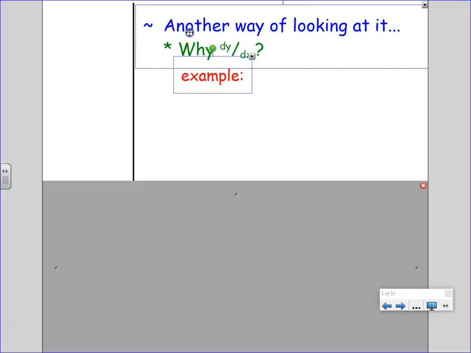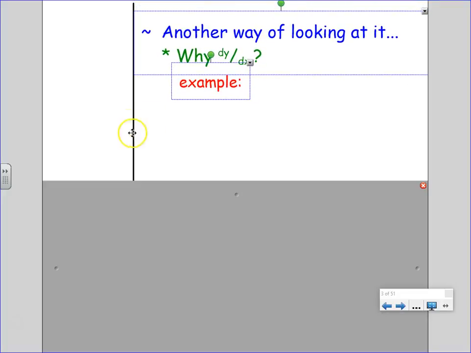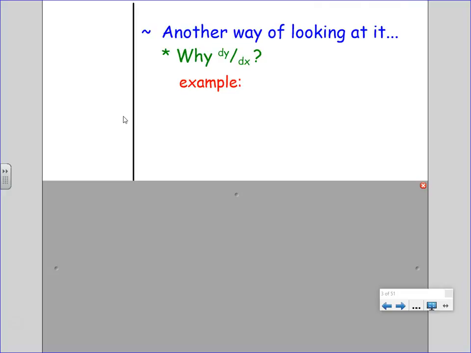But first, before we get to that other way, I want to get back to that question I asked just a second ago. Why dy dx? When we have something super easy, like y equals x squared, let's not do that. Let's do 2x plus 1 to the 6th. We can practice what rule?